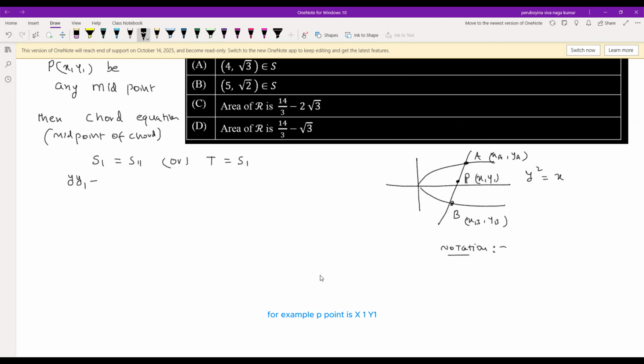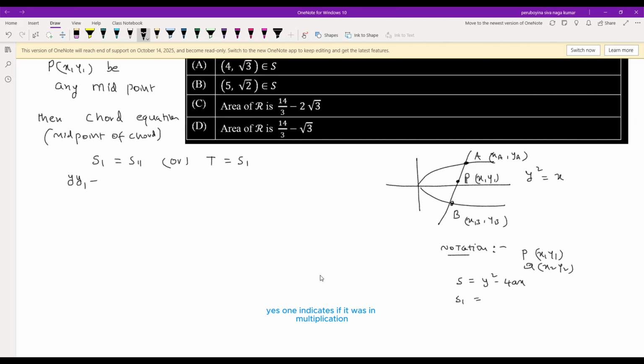For example, P point is (x1, y1) and Q point is (x2, y2), and S be any curve. Let us consider S is equal to y square minus 4x, a parabola.